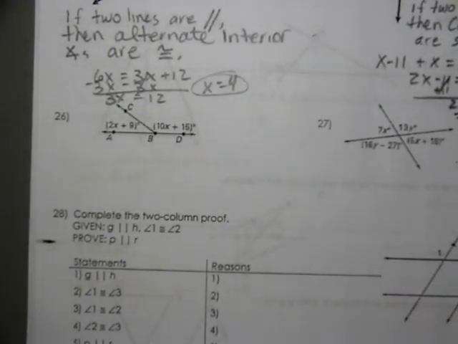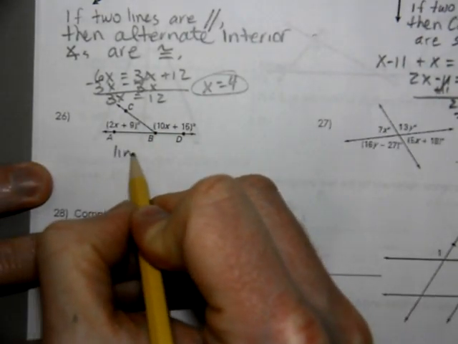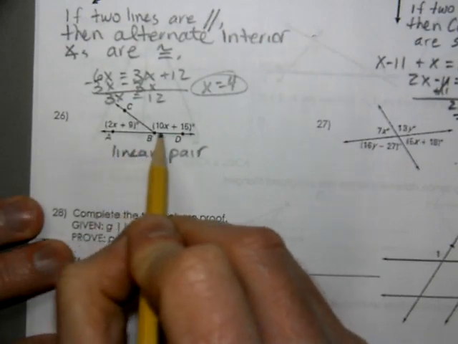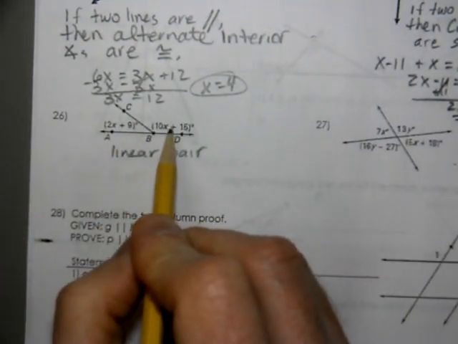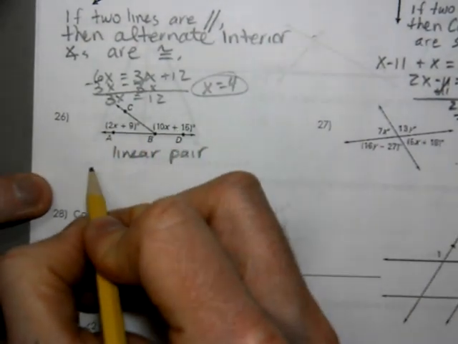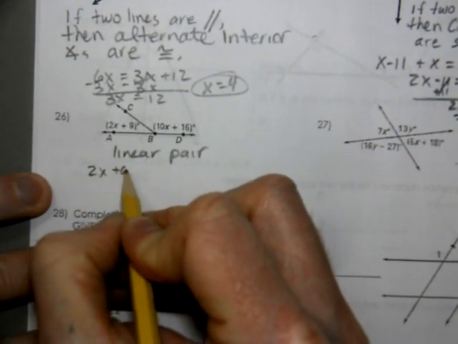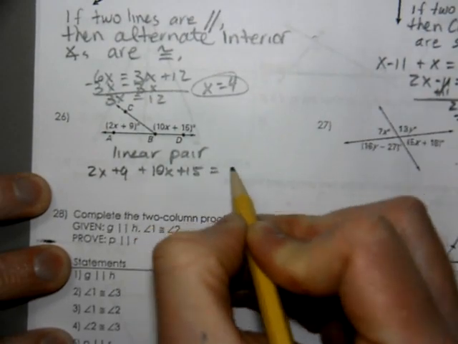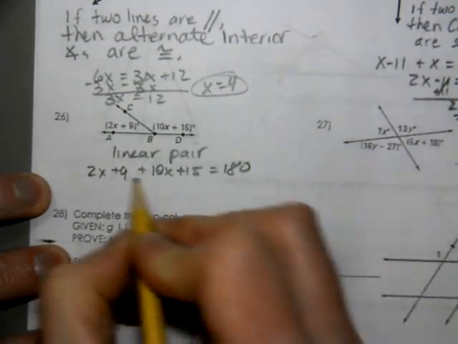Let's look at what we have for number 26. Again, this is a linear pair because it's two angles that are making up this straight line. They're adjacent and they're supplementary. So I know that the 2x plus 9 plus the 10x plus 15 adds up to 180 degrees.